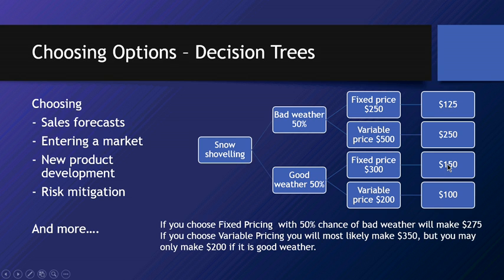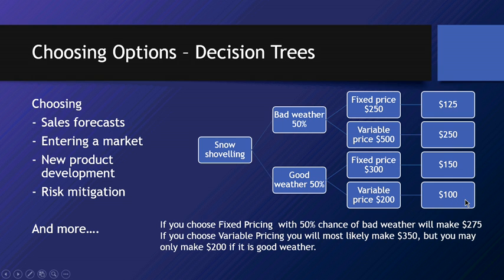Then we can compare what we have control over. We have control over making this either a fixed price or a variable price. So our fixed price, if we add this outcome plus this outcome, would be $275. If we choose fixed pricing, we're most likely going to have $275. What about variable? Well, $250 plus 100.